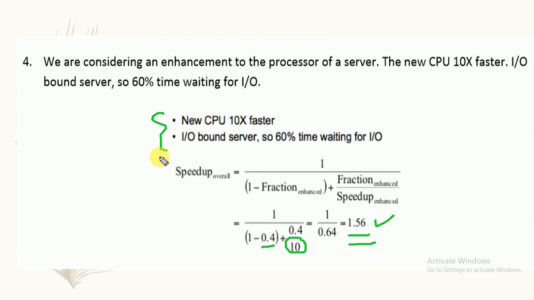Accordingly we find the overall speedup using Amdahl's law. Once again, the speedup is calculated as 1 divided by (1 minus fraction enhanced) plus fraction enhanced divided by speedup enhanced.